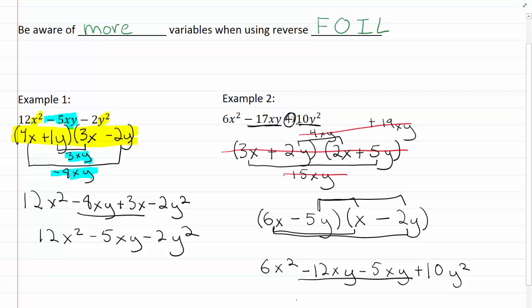We can combine our like terms in the middle, and we'll be left with 6x squared minus 17xy plus 10y squared. Okay, so there you go. That is the exact same expression that we started with. So this is a successful factoring. This right here is equivalent to our original expression, and it's written as a product of two expressions. This right here is our final answer.